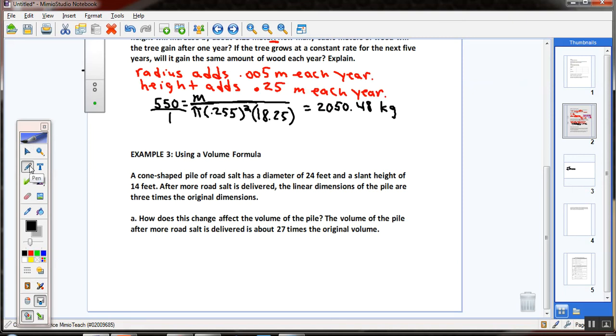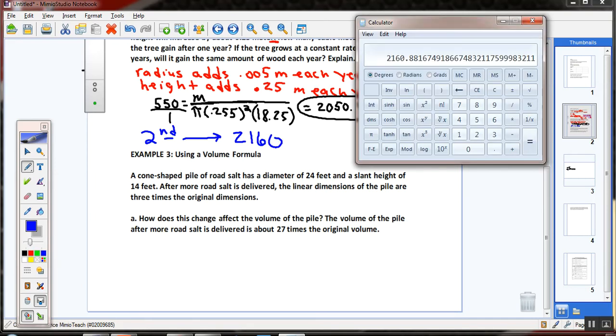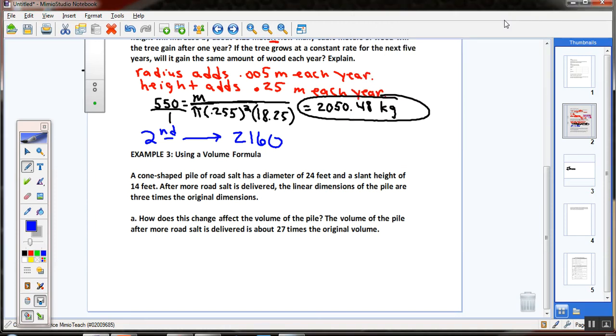So that first year of growth, we got 2,050, and now I put down here that we had a second year where we put some numbers in. What did we get for a value? 2,160.88 kilograms for that second year.